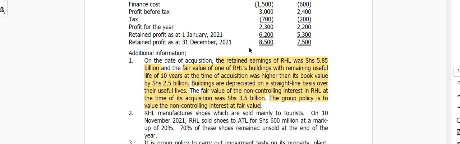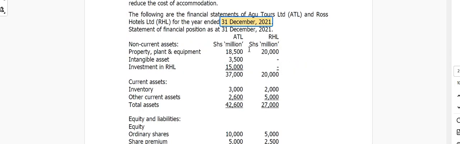You have to calculate depreciation there. The fair value of NCI in RHL at the time of acquisition was 3.5 billion. It's the group's policy to value the NCI at fair value.